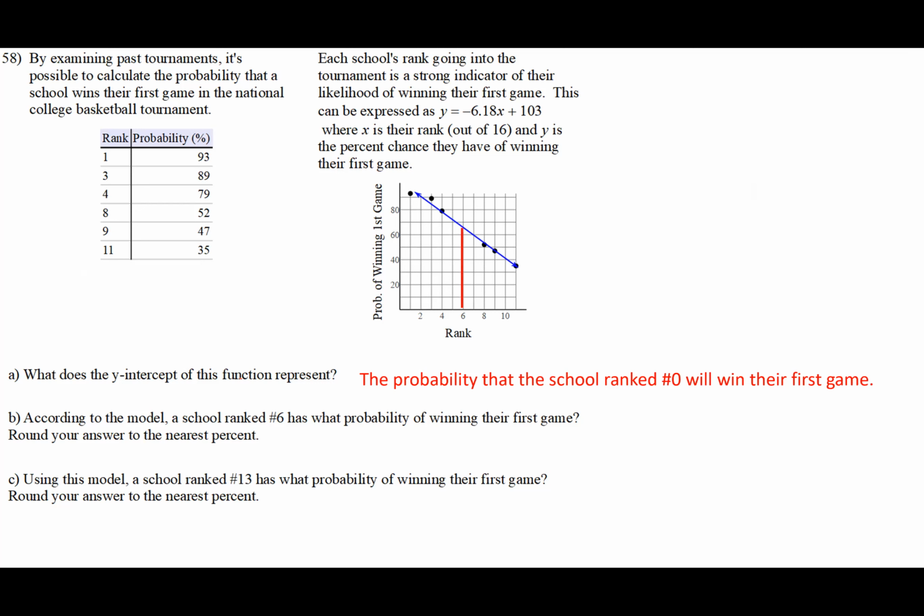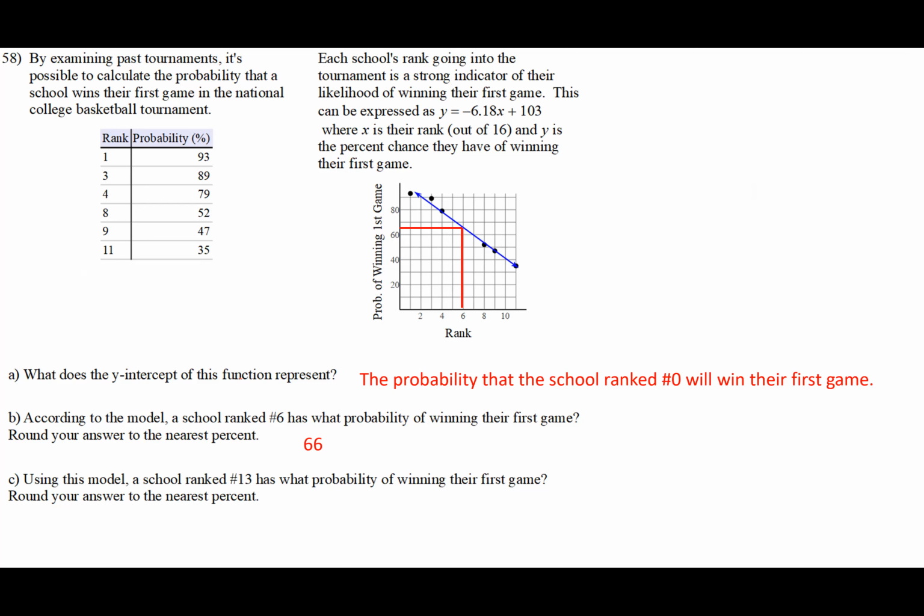From the ranks, the numbers at the bottom, I choose number 6, cross the line about there, and that represents a number on the left. I'm asking, what is that number? I'm going to estimate that to be about 66%. You don't have to write the percent symbol in the homework, just the number, just 66.